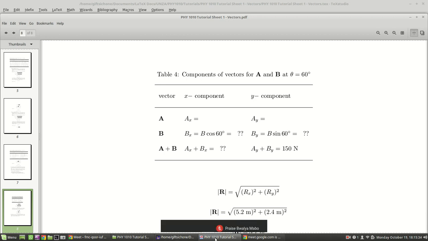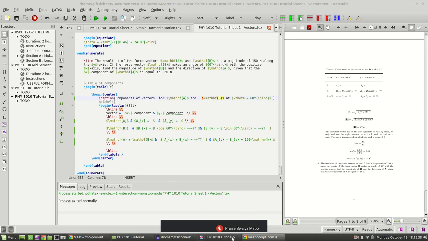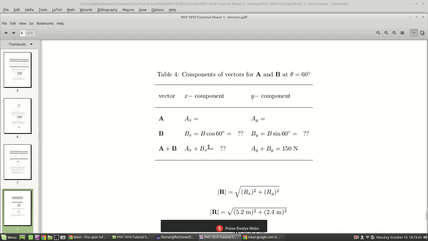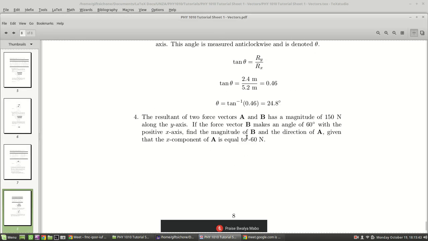Next, what piece of information do we have? We are told to find the magnitude of B and the direction of A, given that the x component of A is equal to minus 60 newtons.